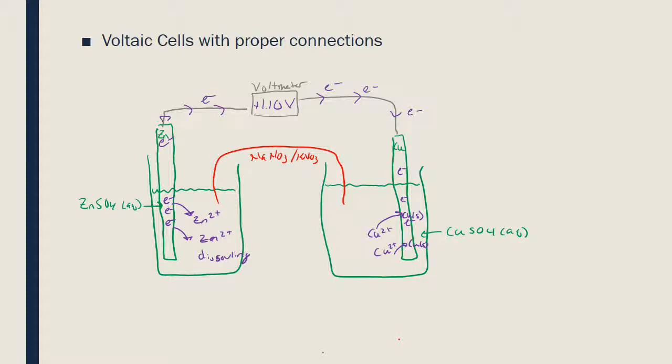So in a general format, in one cell where our oxidation is occurring, so our zinc cell is the anode. An anode is where oxidation occurs. This is where zinc solid is becoming a zinc ion and releasing its electrons. So this means we are starting with a reduced species, and we are creating an oxidized species.